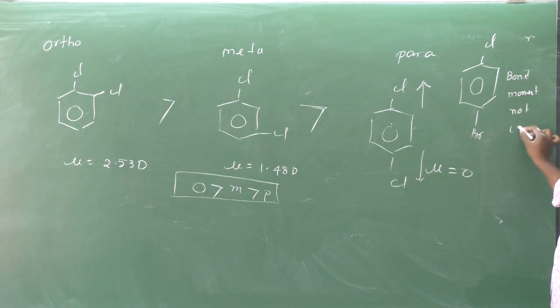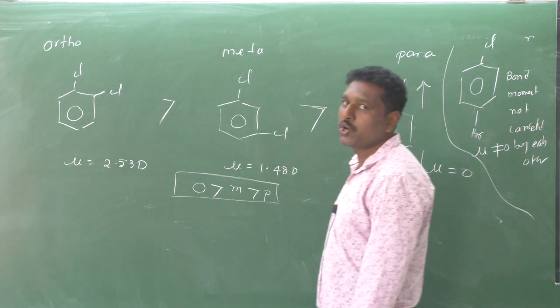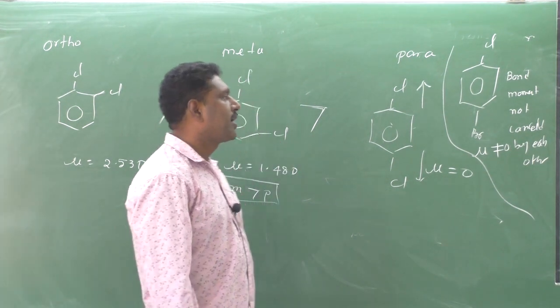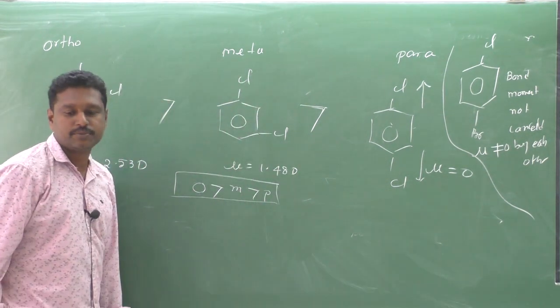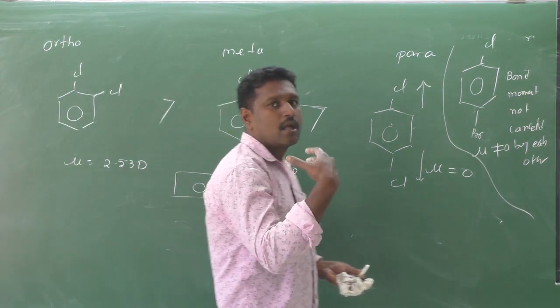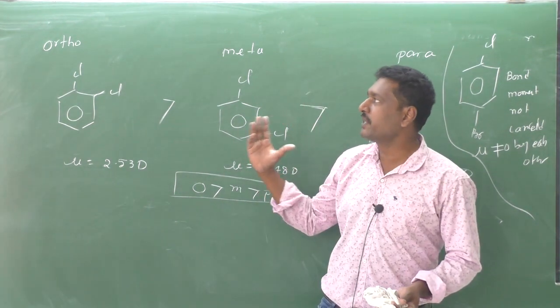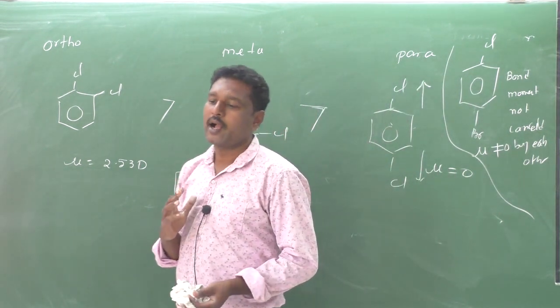Therefore mu is not equal to 0 in case of chloro bromo benzene. 1-chloro-4-bromobenzene has a dipole moment. So like this we can confirm which one has more polarity and which one has less polarity. By the dipole moment we can identify.